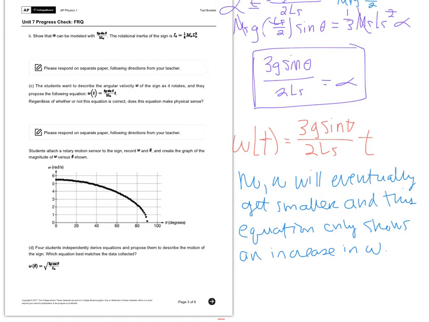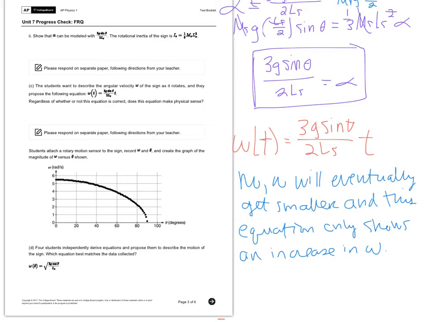So what we're looking for is, as you have an increasing angle, your angular velocity needs to be getting smaller. Cosine of 90 is 0, sine of 90 is 1. So this would actually be cosine, because what you're showing with the cosine relationship is that as the angle increases, your angular velocity would be decreasing. So that leaves us with choice 1 or 2. And the next thing to look at would be whether the G should be in the numerator or the denominator.